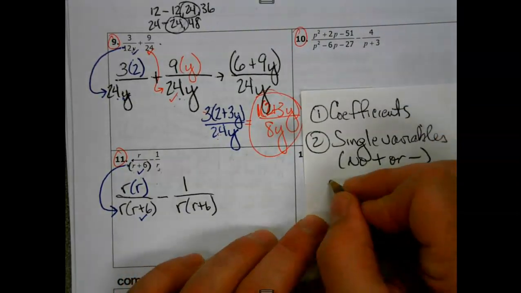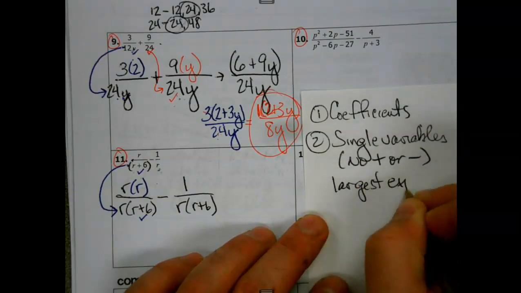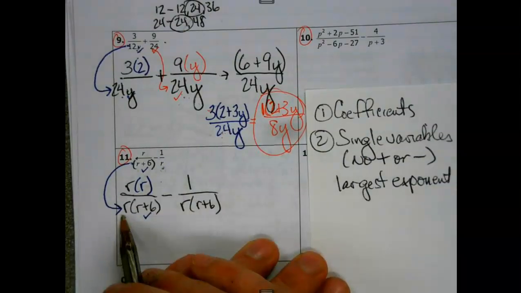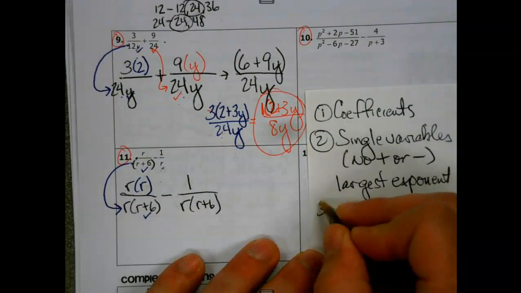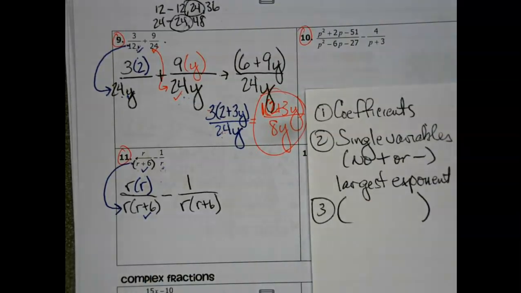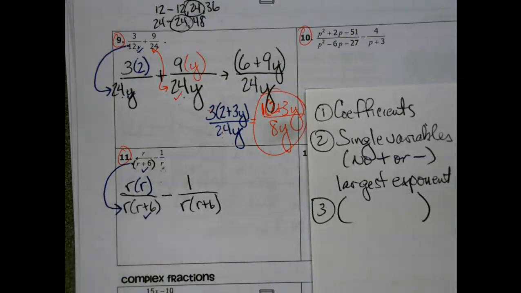And if we see those, we take the one with the largest exponent. Well, here, that's the only one that's a singleton. So I needed to have that. And then finally, that's when we go looking for the sets of parentheses and we put those in. And I had one of those. So that's the reasoning behind smashing them together.